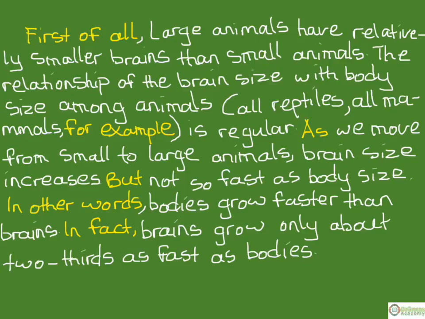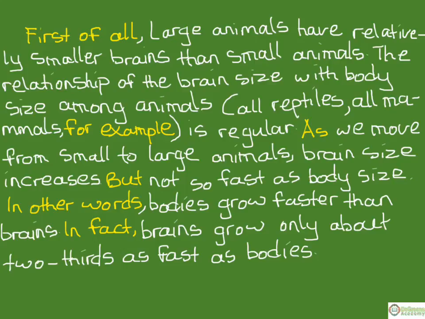As we move from small to large animals, brain size increases, but not so fast as body size. In other words, bodies grow faster than brains. In fact, brains grow only about 2/3 as fast as bodies.